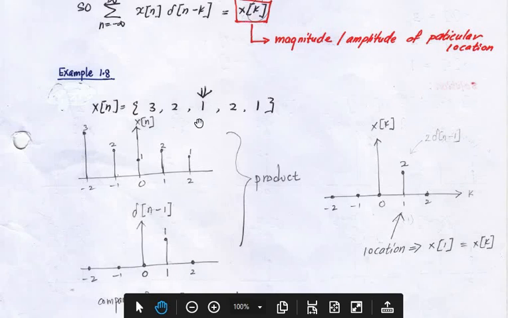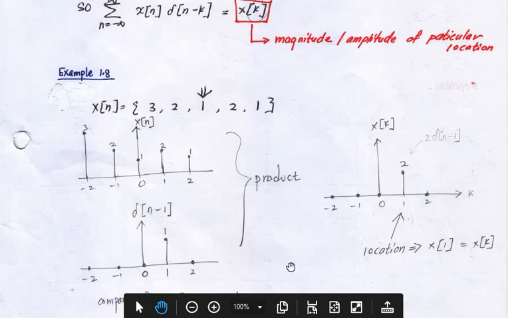It is x[k], right? So you take the product of these two: at the location n equal to -2, 3 times 0, you get 0. And then 2 times 0, you get 0. And then at origin, 1 times 0, you get 0. And then 2 times 1, you get 2.